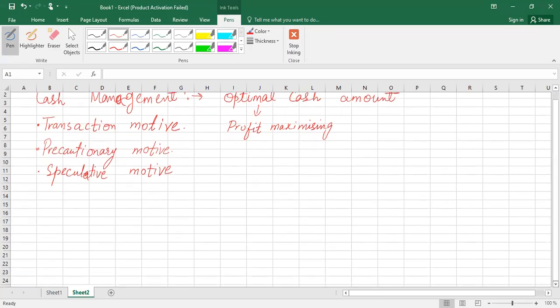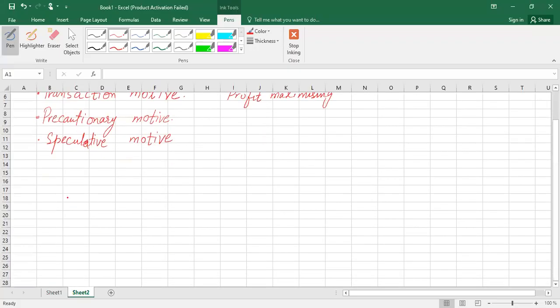Now there are two different models which deal with cash. The first one is called the Baumol model. The Baumol model is basically just like the EOQ model.